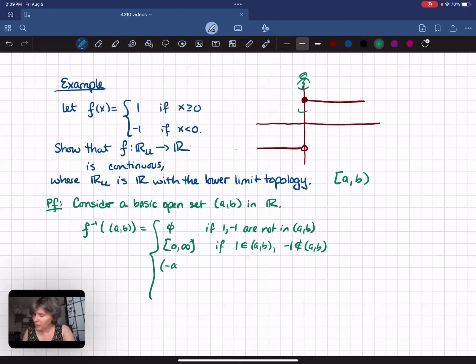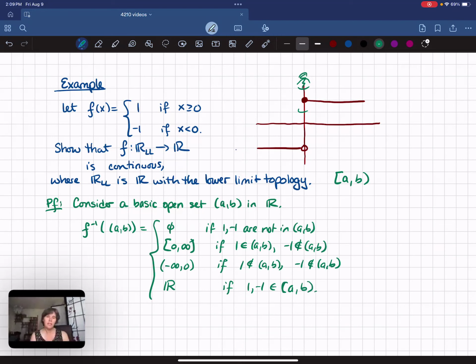It will be negative infinity to 0, not including 0, if 1 is not in (a, b), but -1 is in (a, b). And then finally, it's all reals if 1 and -1 are both in (a, b).